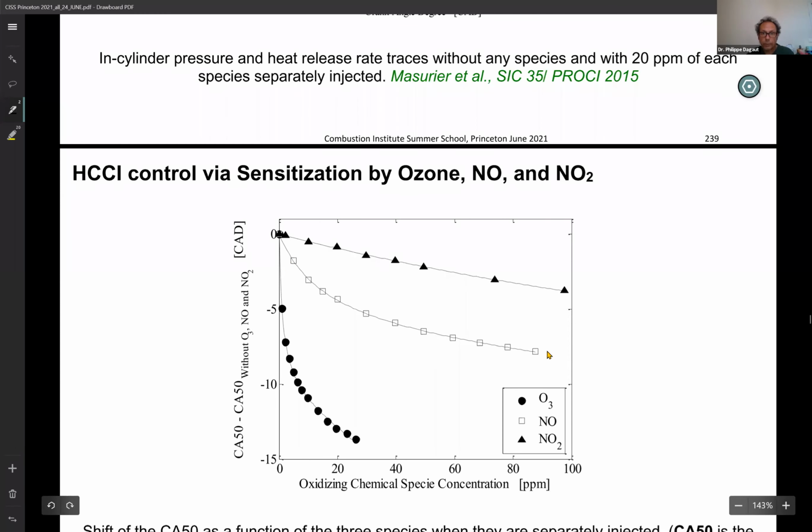With NO, we get this one. With NO2, we get this one. So again, minor effect by the addition of NO2, bigger effect with the addition of NO, and huge effect when you add ozone.